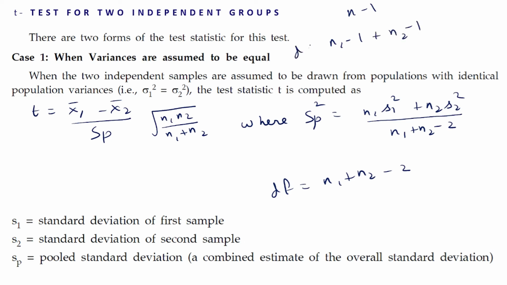So the degrees of freedom is N1 minus 1 plus N2 minus 1, which is N1 plus N2 minus 2.